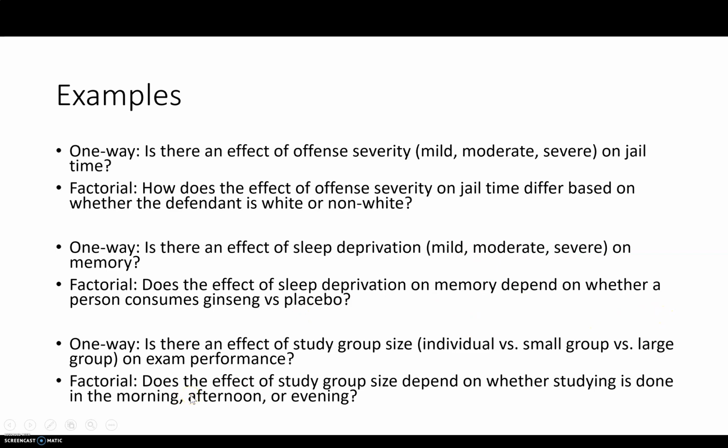And then a factorial kind of design would be, are the differences between these dependent on whether studying is done in the morning, the afternoon, or the evening? So another independent variable, time of day, and do differences in performance across those three study group sizes differ depending on whether studying was done in the morning, afternoon, or evening?